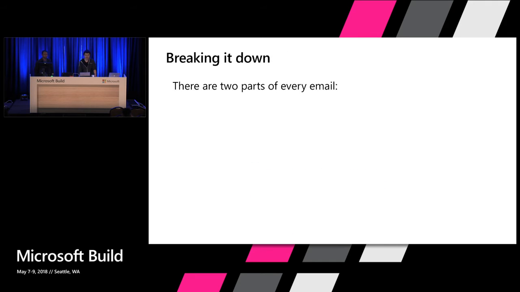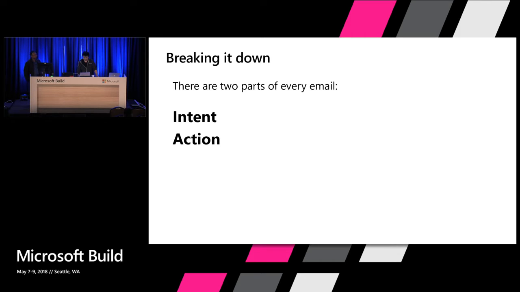When you break down the actual email itself, it really falls into two parts, right? The first one is the intent. What do you want the user to do when you send an email? The second one is the resulting action. And with the action, it's how do you make this easy for the user to take action on that intent?